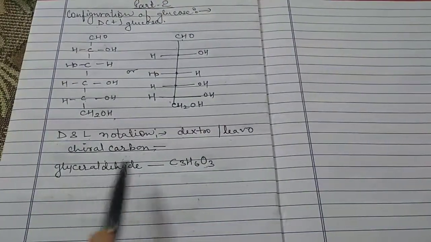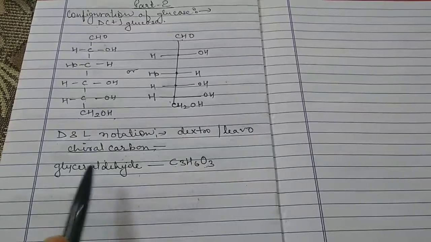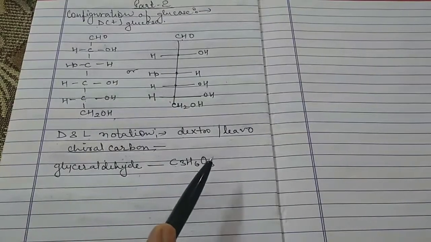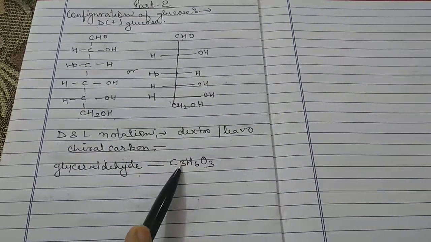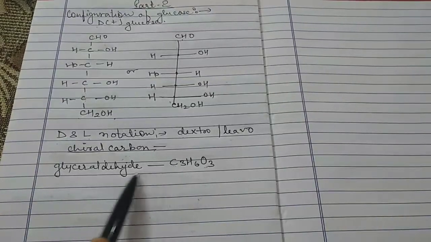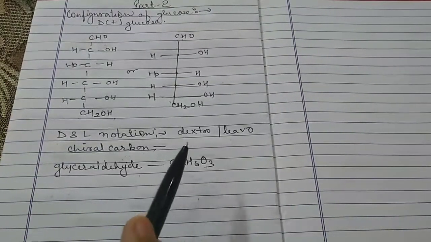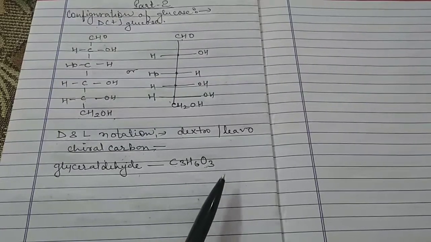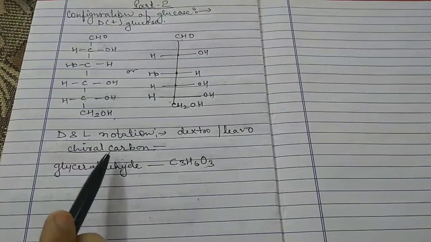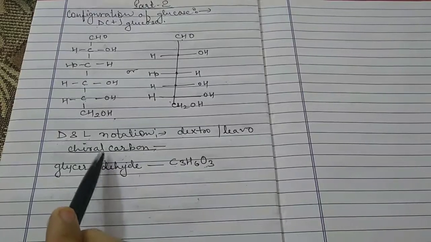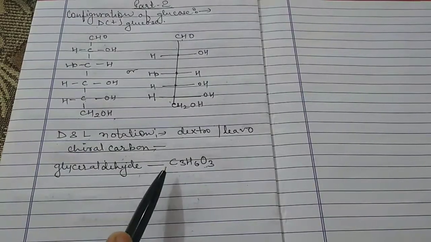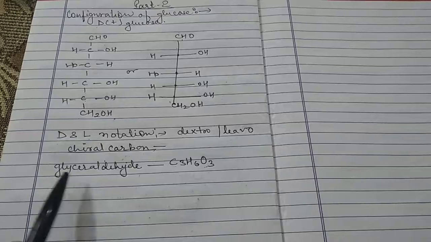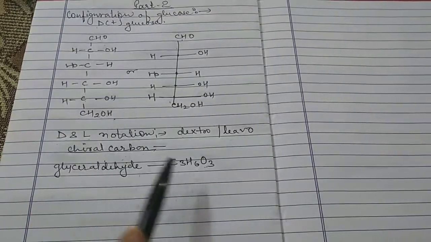So the compound glyceraldehyde, which is an aldotriose, where tri means 3 carbon atoms are present and aldo stands for the aldehydic group, has one chiral carbon atom. Now chiral carbon means the carbon atom which is attached to 4 different types of atoms or different groups.